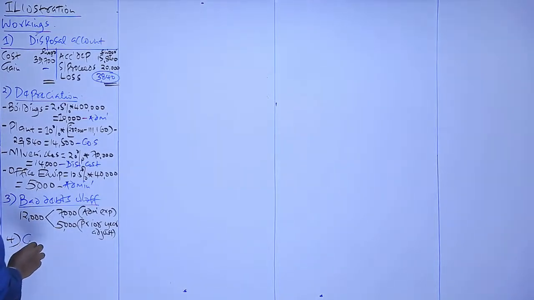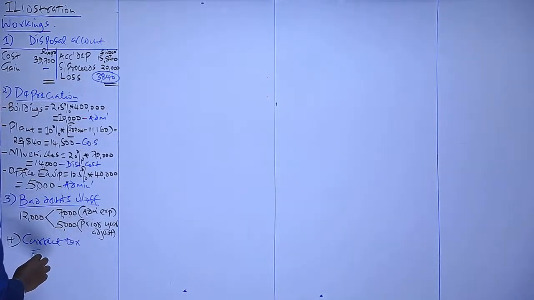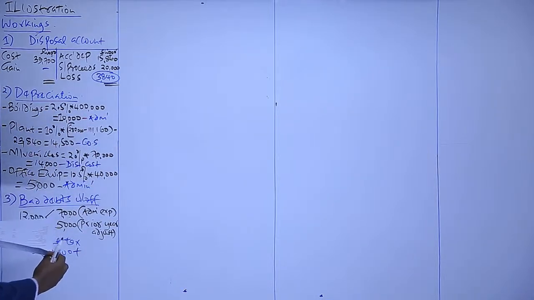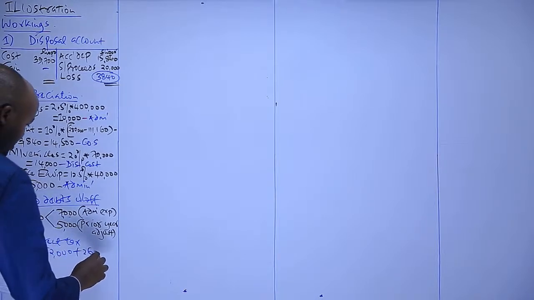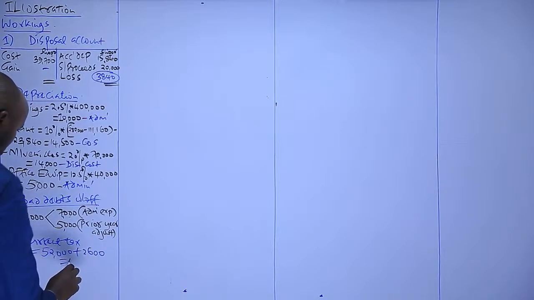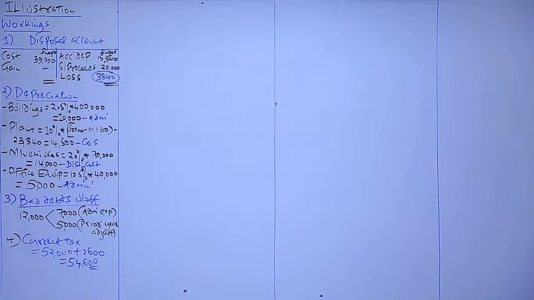What we do is take the current year's tax estimate, which is 52 million. But remember, in the previous year we had an under provision, which we have in the trial balance, of 2.6 million. We have said that the under provision from the previous year we add to the current year's tax estimate. And this will now give us a total of 54,600. So this is the amount of current tax to be charged in the income statement.